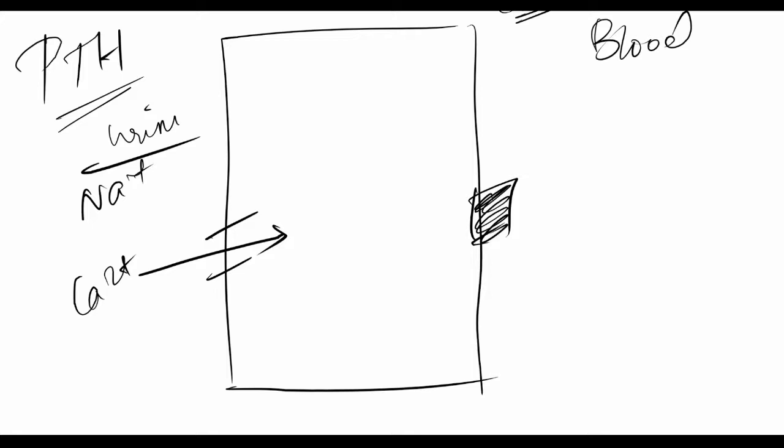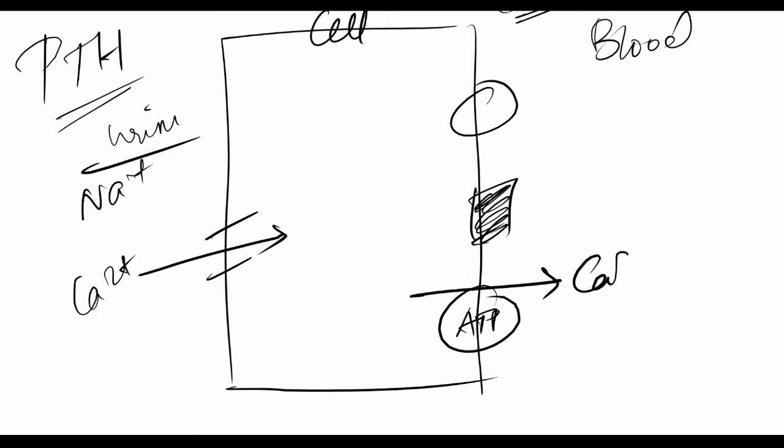Now, to move calcium from the urine, first it has to move the calcium into the cell. Next, it has to move the calcium to the blood. Calcium is exchanged into blood by two mechanisms. One mechanism is with expense of ATP, that is, the calcium ions are exchanged for hydrogen ions with the expense of ATP.